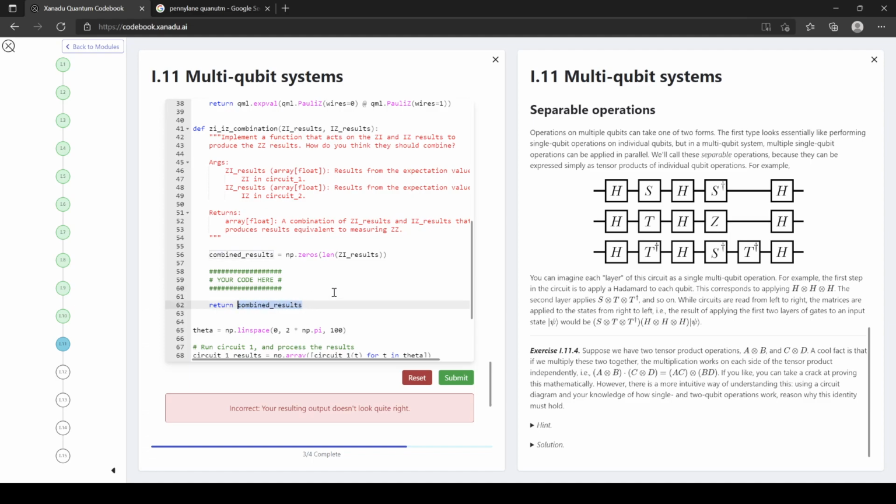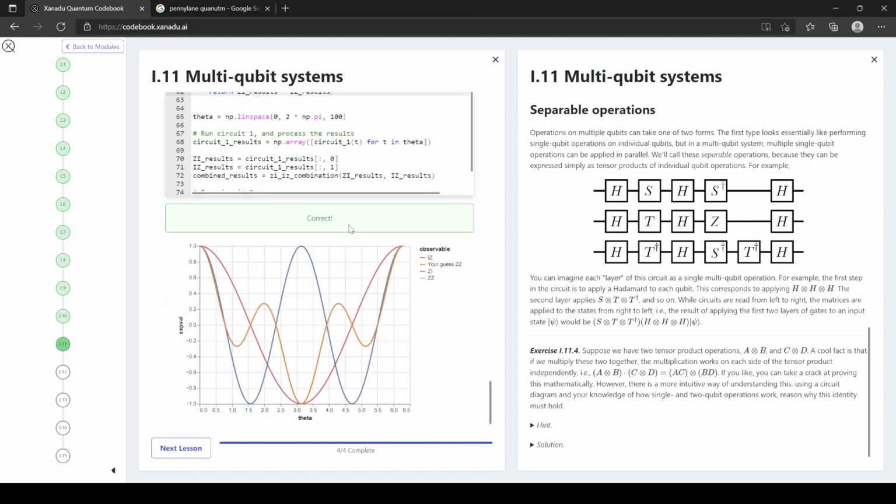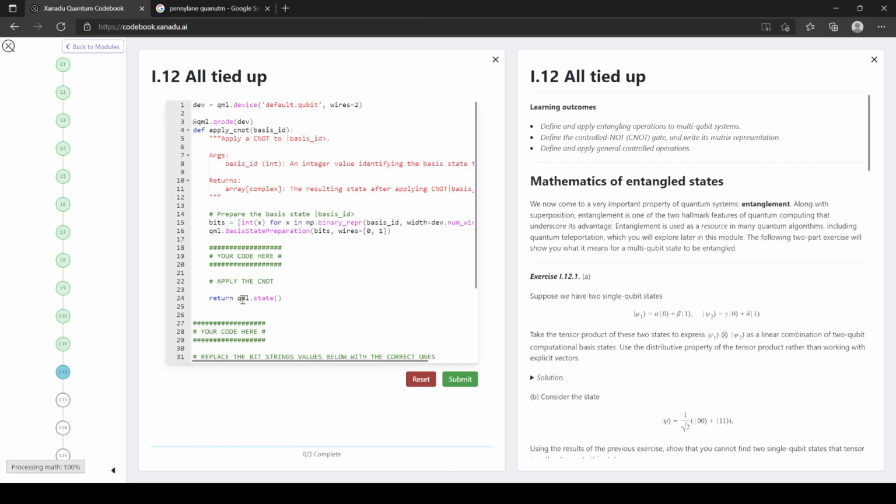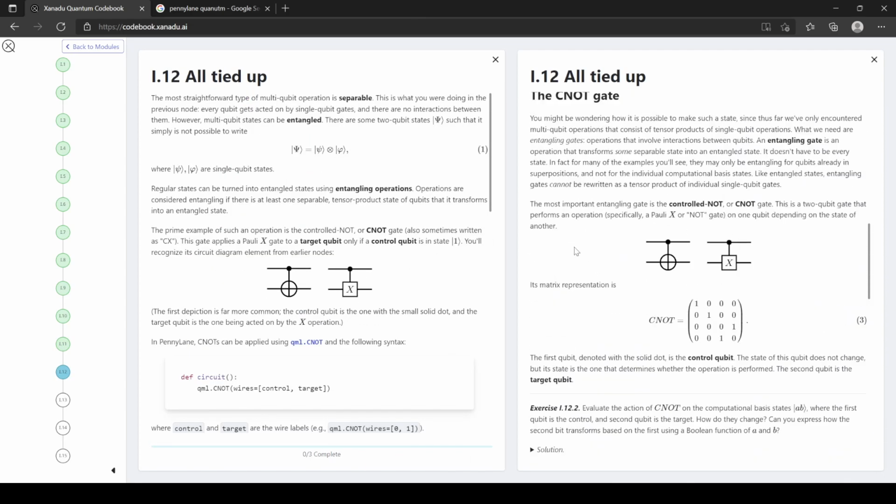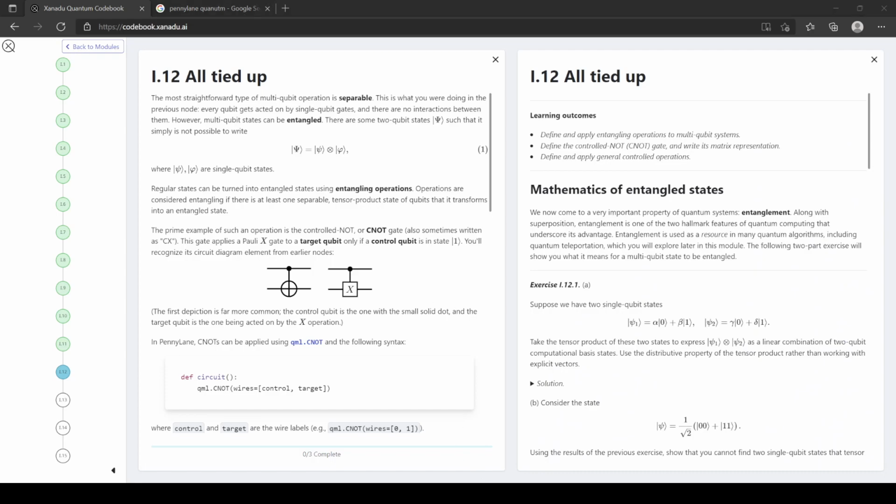We should do ZI results times IZ results. I hope they're NumPy arrays. Yes, and the reason that was so easy is because you do this a lot in VQE, and you can just multiply them together. So we can see IZ is right here, ZI is right here, ZZ is presumably underneath this. And that's all. Next we have multi-qubit gates, but we're going to do that next time.